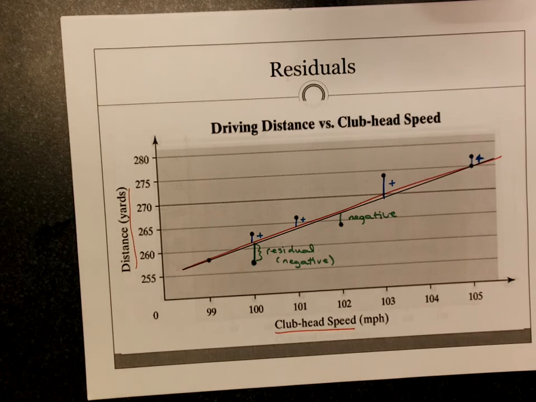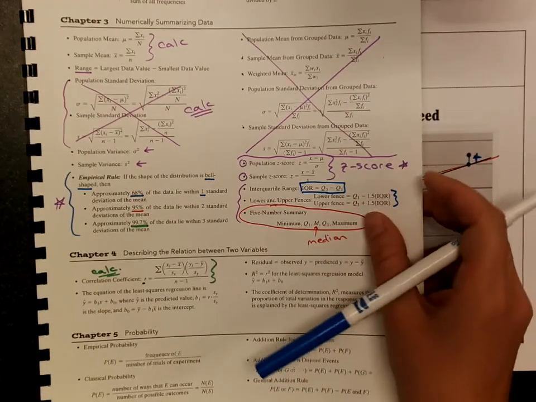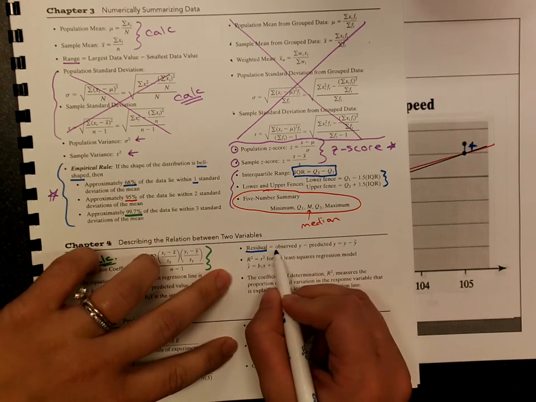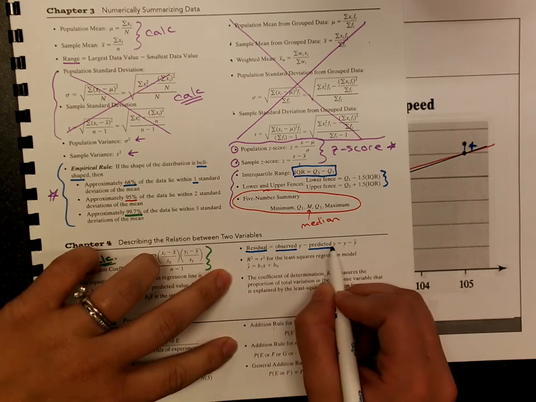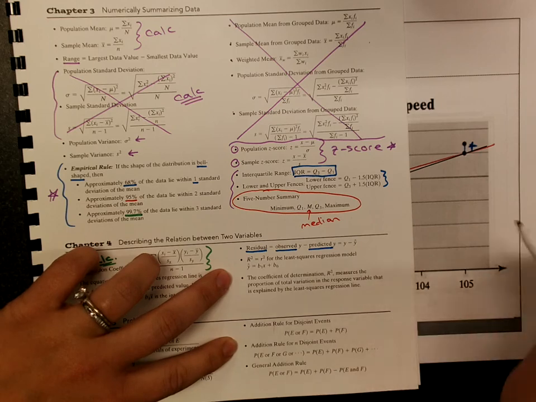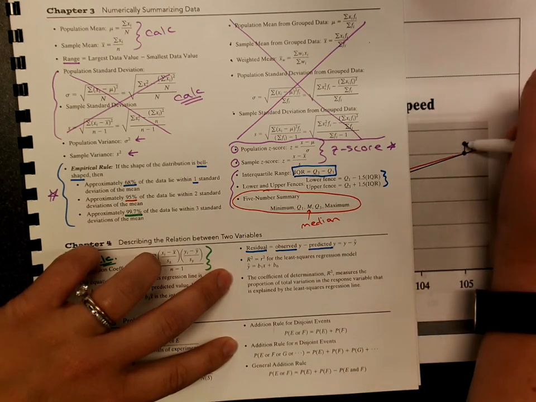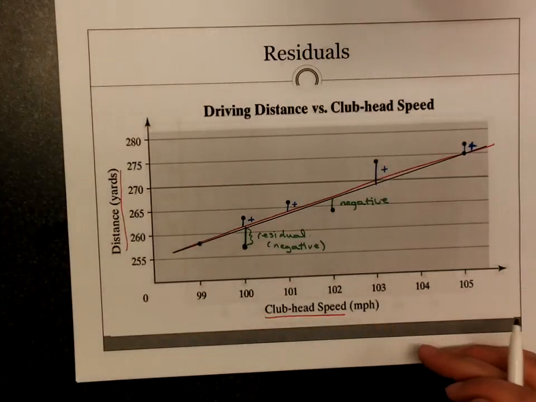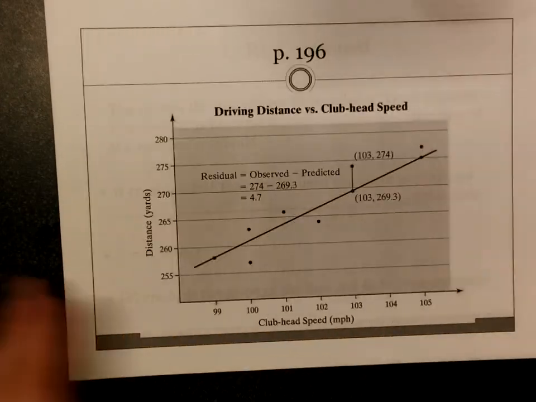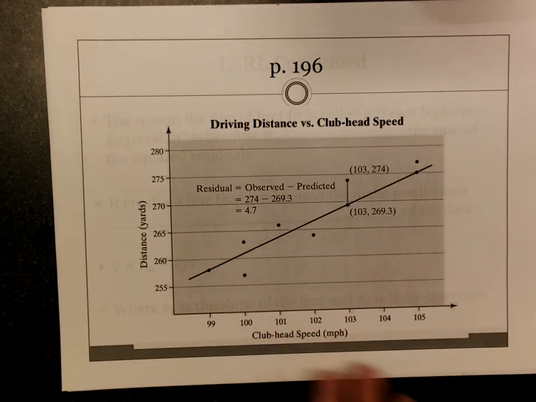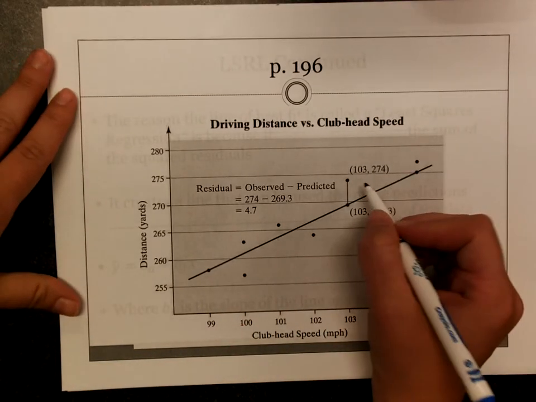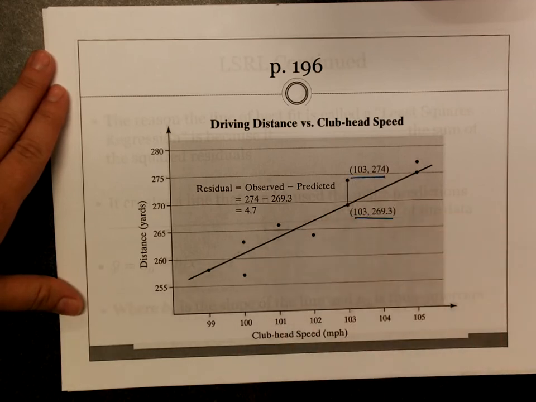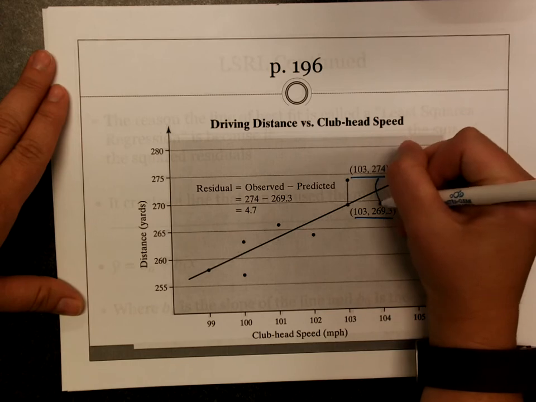So on your formula sheet, you'll see a place that says residual. It is the observed y value minus the predicted y value. And so it's the observed data point, and it's the difference between it and the predicting line, or the LSRL. So the book has a nice picture of this. It gets a little bit more specific. It has the actual values on the predictor line and the actual values of the data point, and it's subtracting the y values.